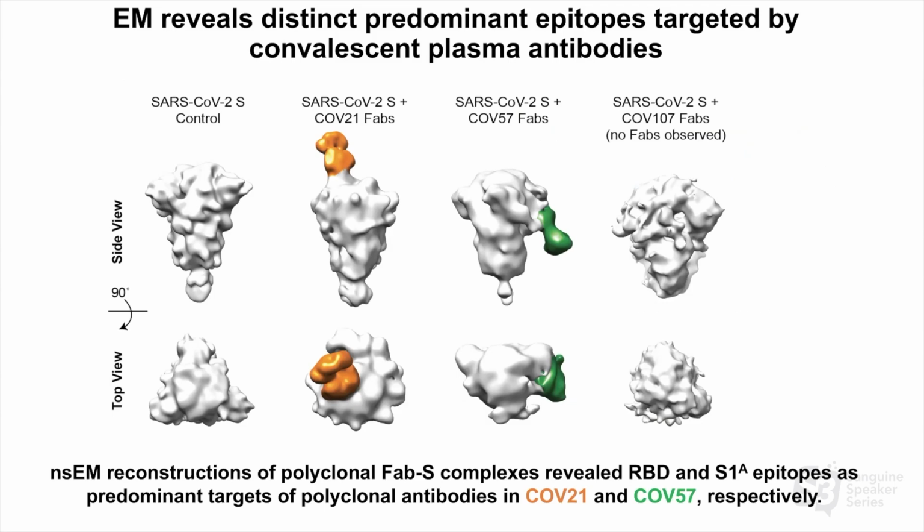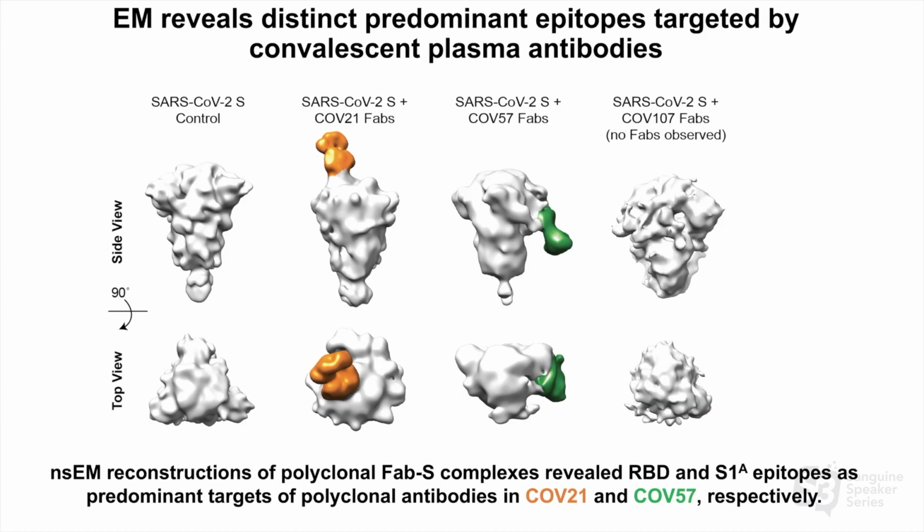It's actually on the RBD. There's only 1 copy of it though, not 3. And then for COV57, there was a predominant epitope in green. That spike has all down RBDs, and that epitope is outside of the RBD. Most neutralizing antibodies, and in fact most of the antibodies, are against the RBD, but this one was outside of that region. And then if you look at the reconstruction for antibodies from COV107, you don't see anything.